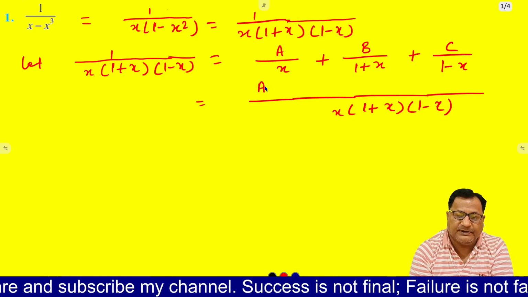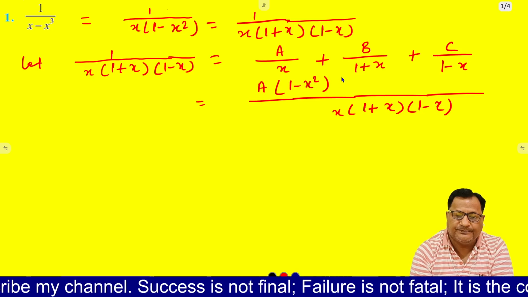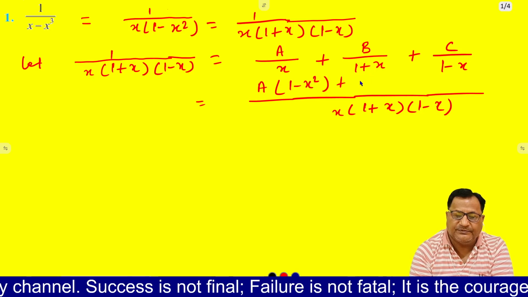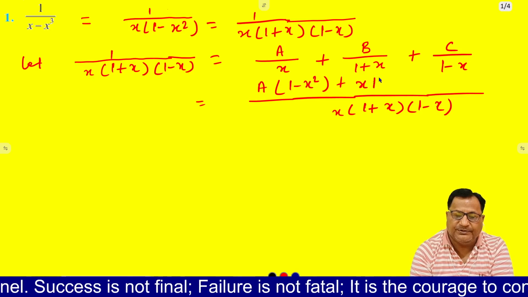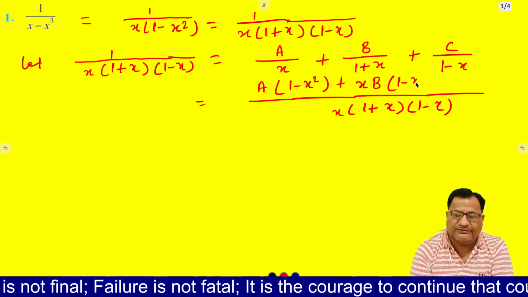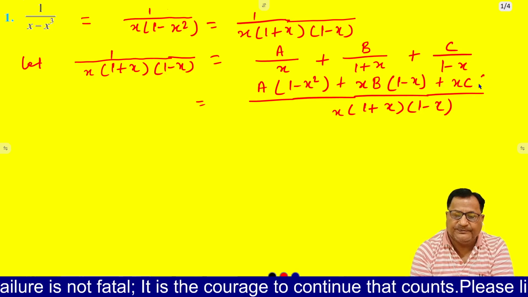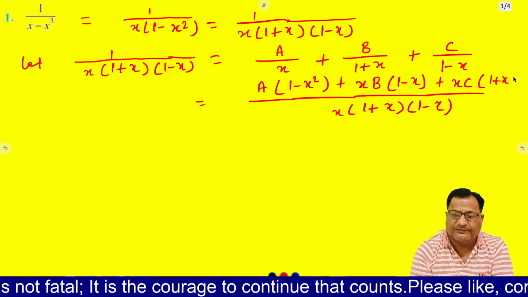So here will be a into 1 minus x squared plus xb into 1 minus x plus xc into 1 plus x.